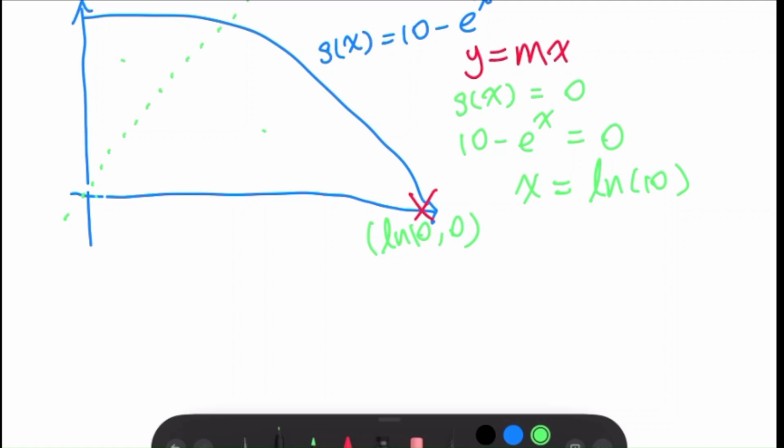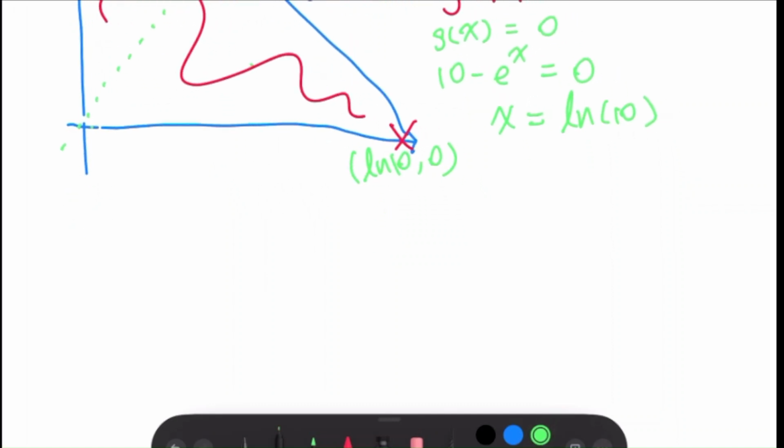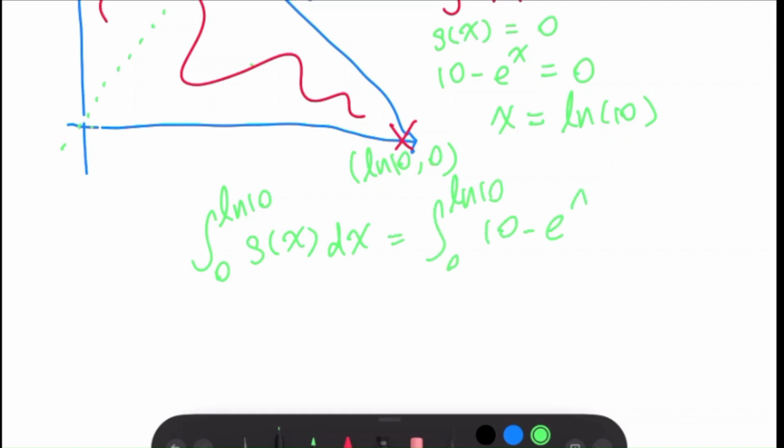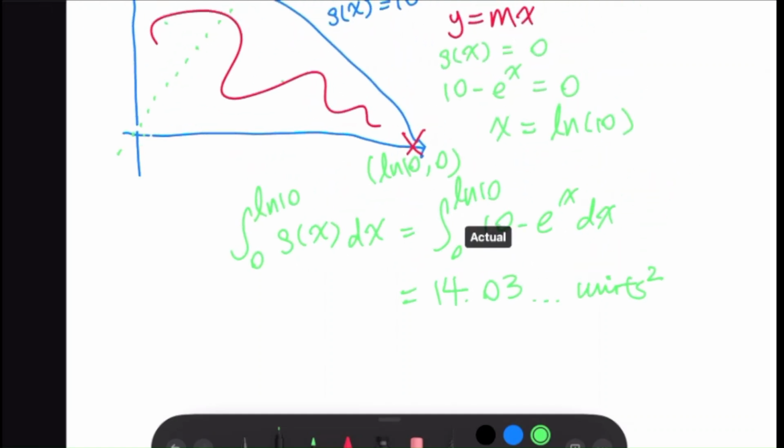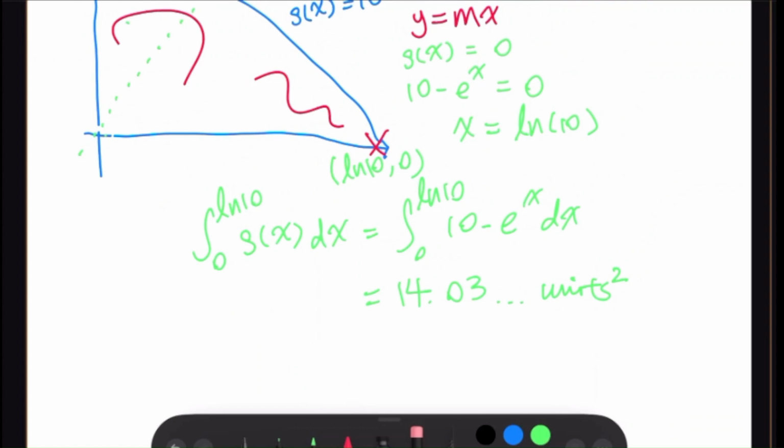To calculate this entire area, we would use a definite integral from 0 to ln 10 of g(x) dx, which with the power of our calculators, we should get approximately 14.03 units squared. And so that's the entire area.